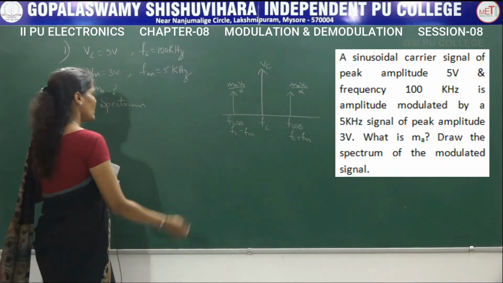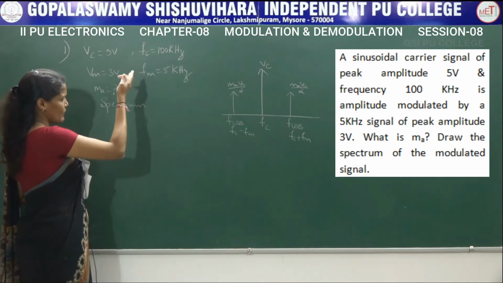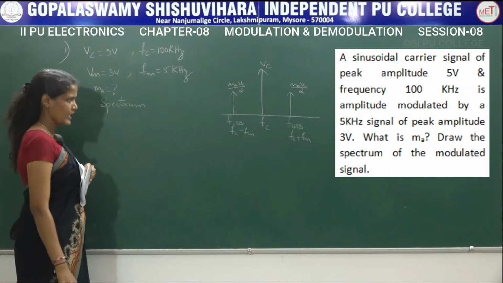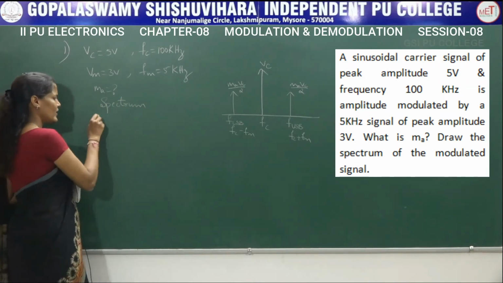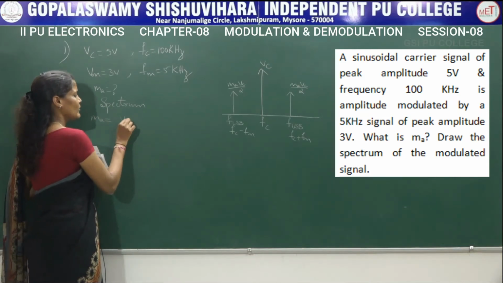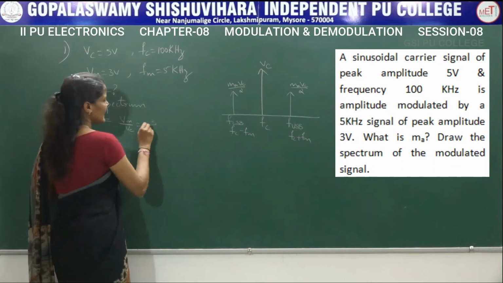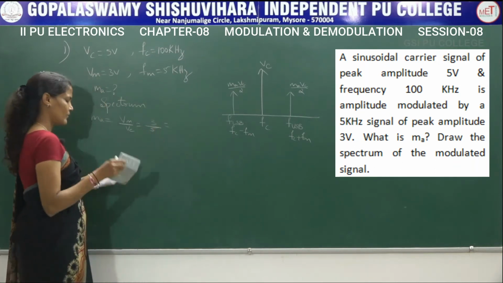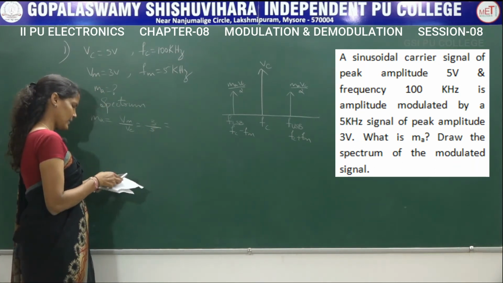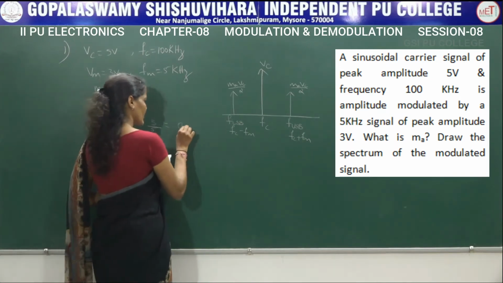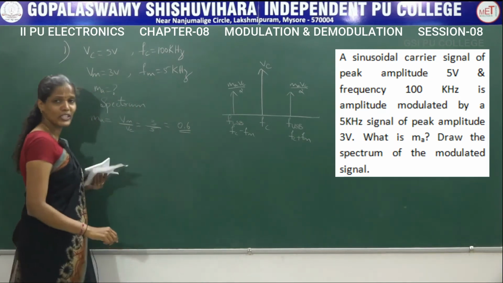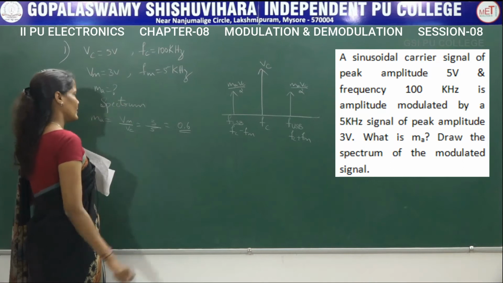So we know Fc and Fm, Vc and Vm. Let us first find the modulation index. Ma equals Vm divided by Vc, where Vm is 3 and Vc is 5. So 3 divided by 5 gives 0.6. There is no unit for this, so Ma is 0.6.